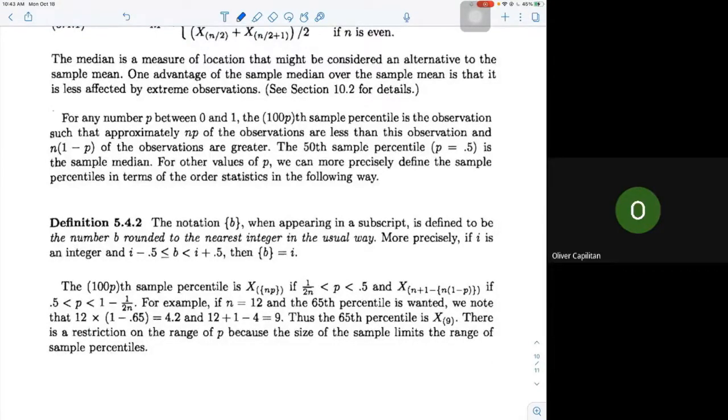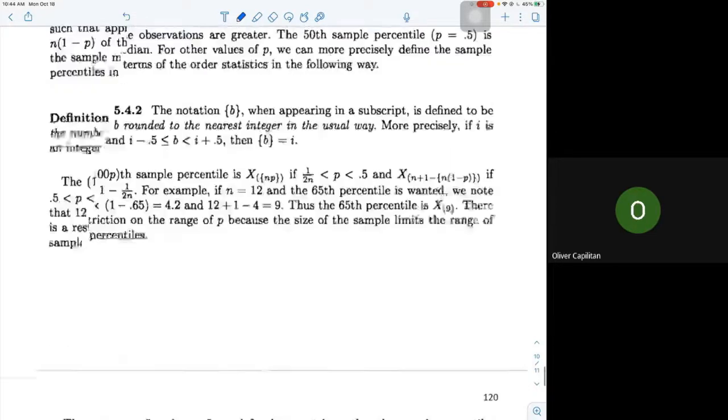For any number p between 0 and 1, the 100p-th sample percentile is the observation such that approximately np of the observations are less than this observation, and n times (1 minus p) of the observations are greater than it.